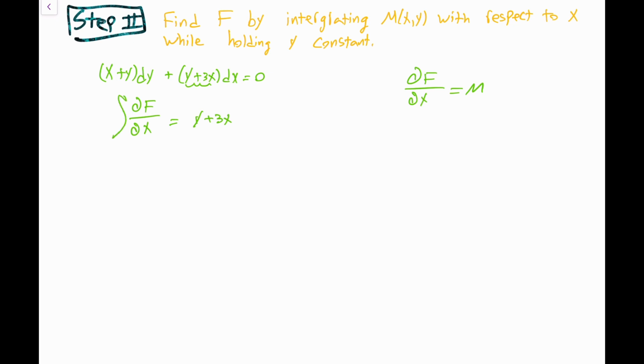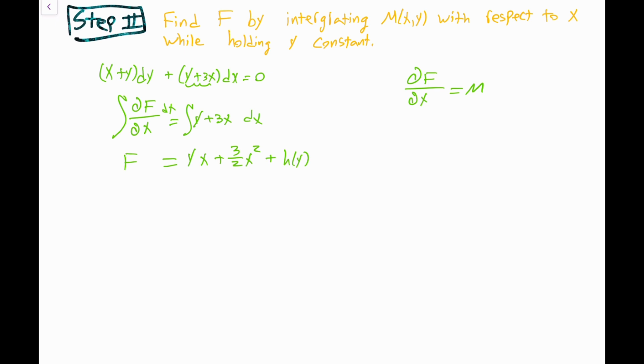We'll anti-differentiate. So the right-hand side, we'll get yx plus 3 over 2 x squared plus an h of y, and the left-hand side is just an f.